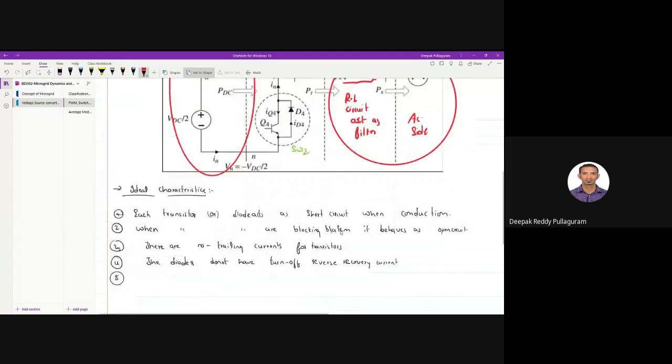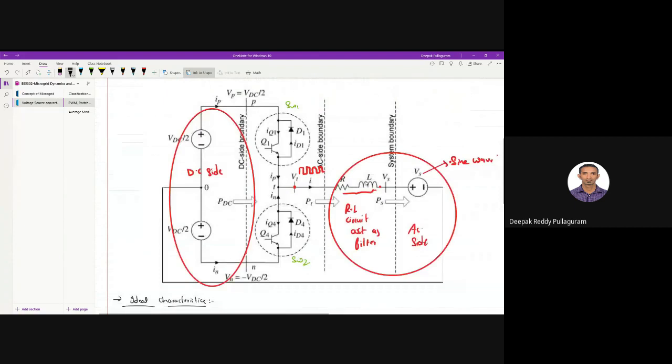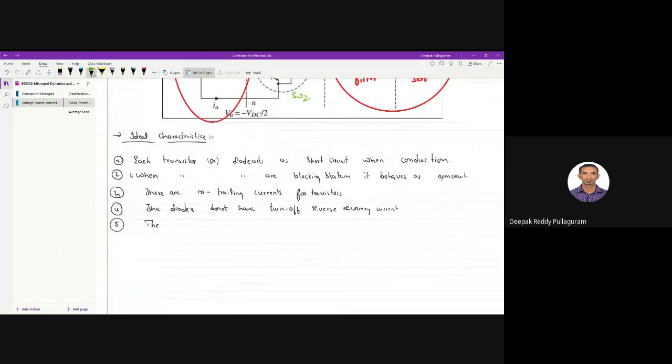The other assumption, the fifth assumption, is that the AC side current I, flowing in this direction, is ripple free. It means it is more or less smoother.